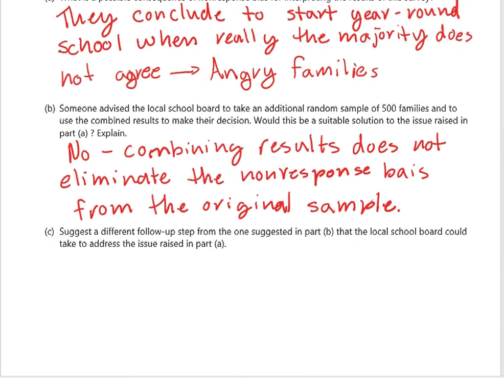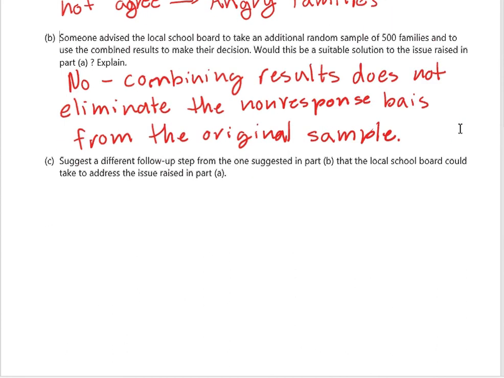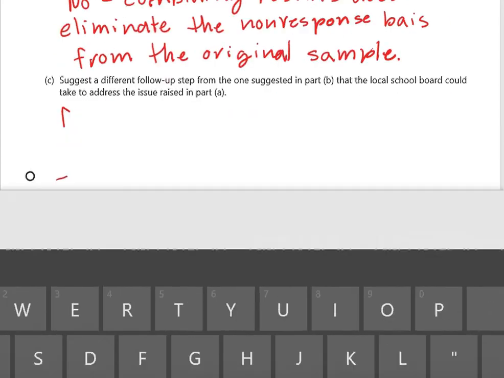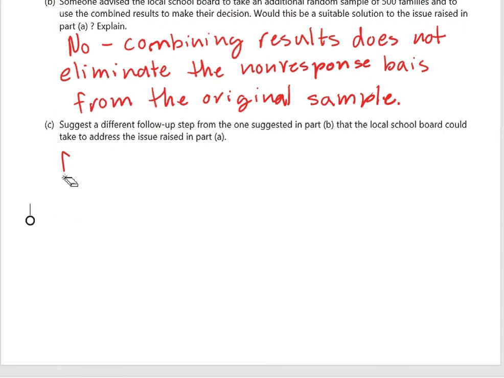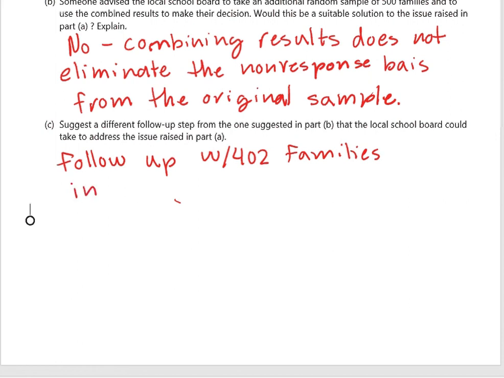The best possible thing is you already ran a random sample of 500 families, so you need to follow up, sorry y'all, with the 402 families in the original sample that did not respond. Okay, and then that's it. You're good to go.